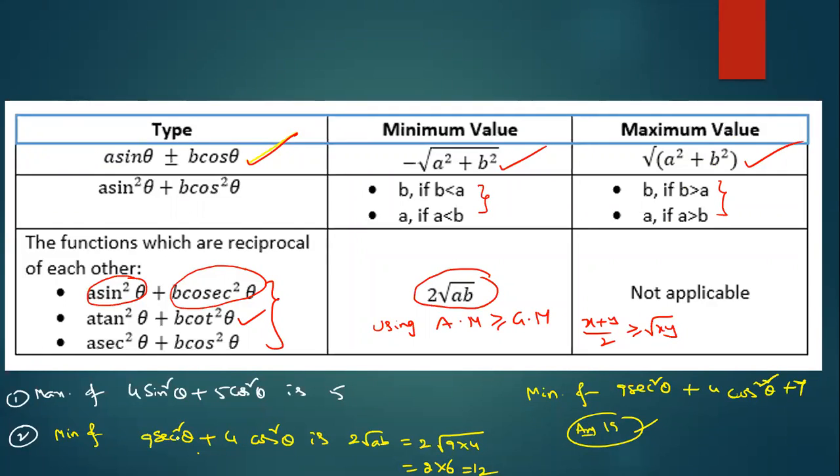Now see the question: 9 secant square theta plus 4 cosecant square theta. What is the formula? The last formula. So 12 plus 7, what is the answer? Minimum 12, so 19. Okay, fine.